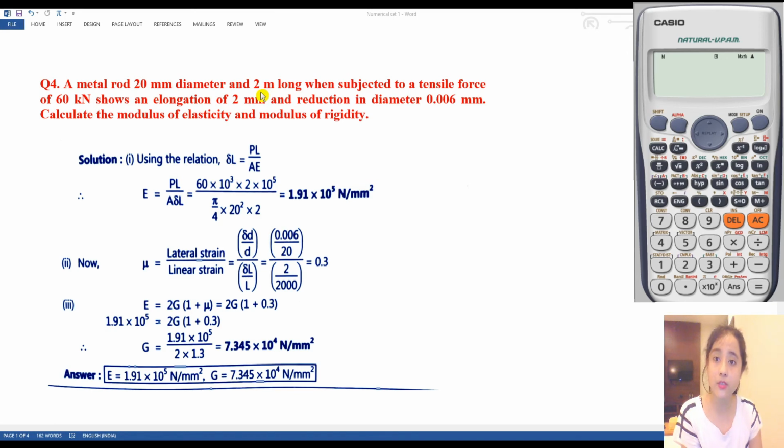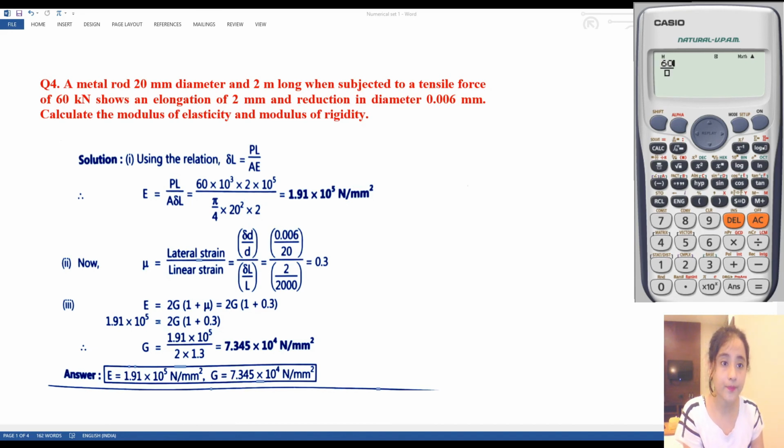As we convert meter to mm, we multiply it with 10 raised to power 3. So we have 2 into, there is a mistake here, instead of 10 raised to power 5 it should be 2 into 10 raised to power 3, divided by area into change in length, which is given equal to 2 mm. So it is already in mm, so we don't need to convert its units, so it will be into 2.